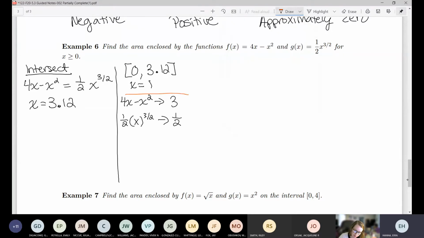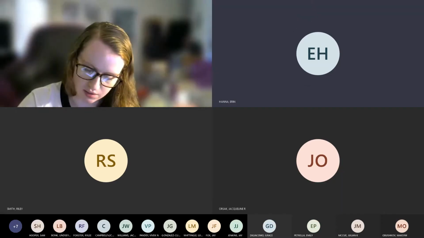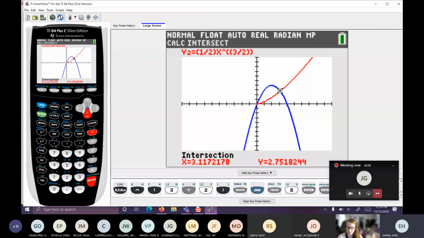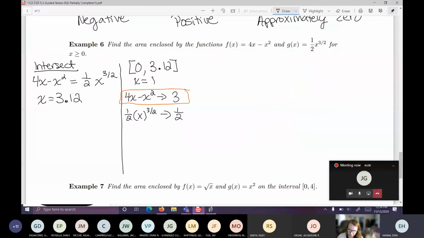So 3 is on top here. And that also makes sense looking at the graph. On my screen, the blue curve is above the red curve, and the blue curve was the 4x minus x squared. So we know our top function.